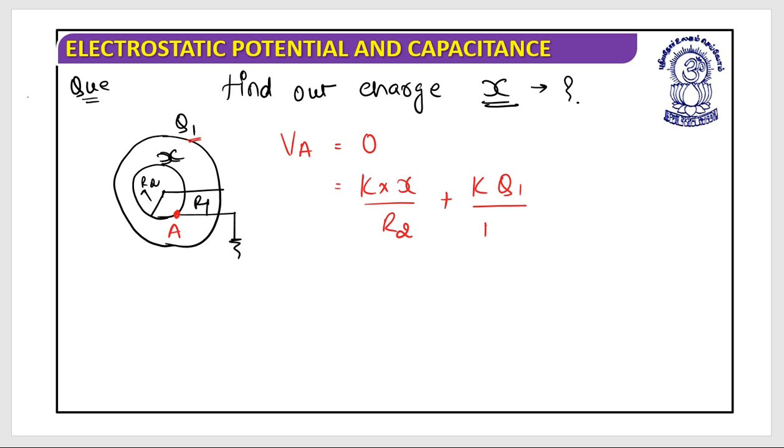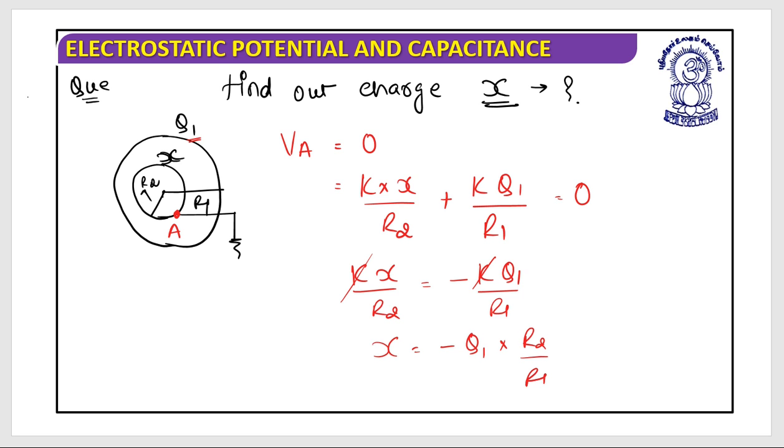It's K Q1 by R1, and that should be equal to 0. So if I solve this, K into X divided by R2 should be equal to minus of K multiplied by Q1 divided by R1. The K would be gone, and so X should be equal to minus of Q1 multiplied by R2 by R1.